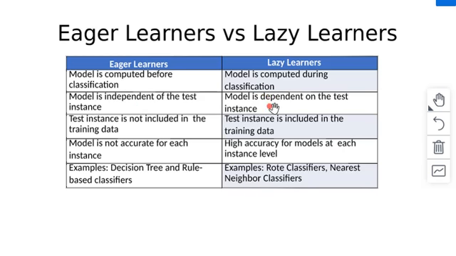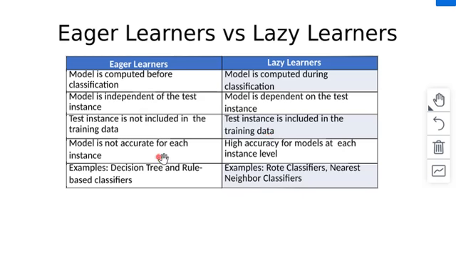Whereas in lazy learners, the model depends on the test instance, meaning we give the test instance along with the training data. So the next difference is that the test instance is not included in the training data in eager learners, whereas in lazy learners the test instance will be included. I will show you an example in the coming slides, and you will understand.